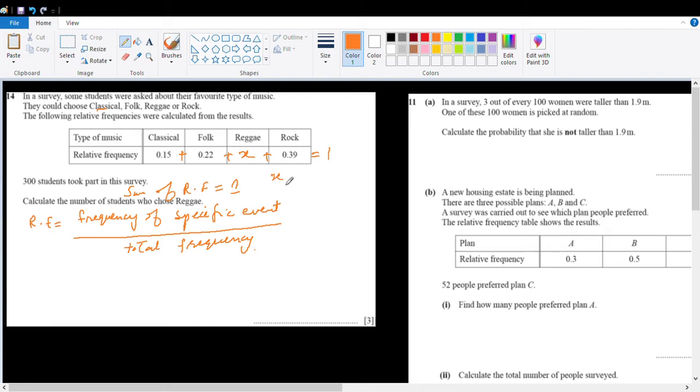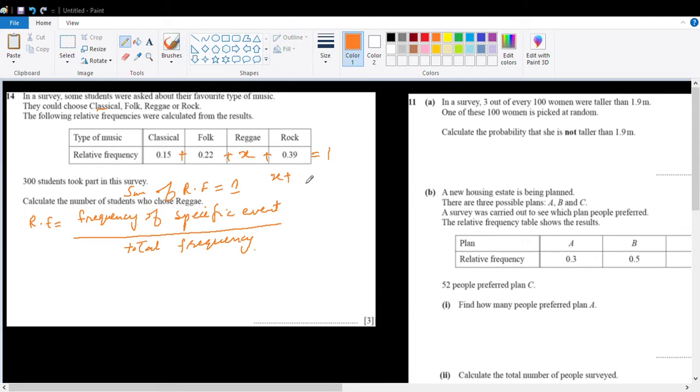So it will be x plus 0.15, 0.22, 0.39 and 0.15, that is equal to 0.76.